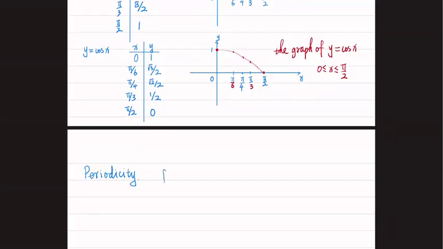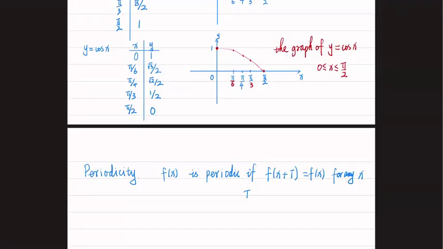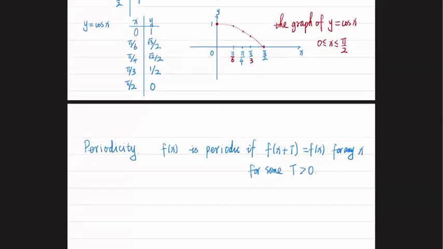A function is periodic if you can find a number t such that the value of the function when shifted by t is the same as the initial value.